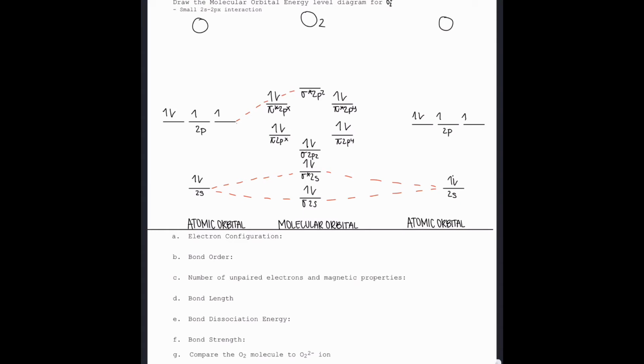Once you're done filling in your orbitals, do not forget the dotted lines connecting the atomic orbitals to the molecular orbitals.